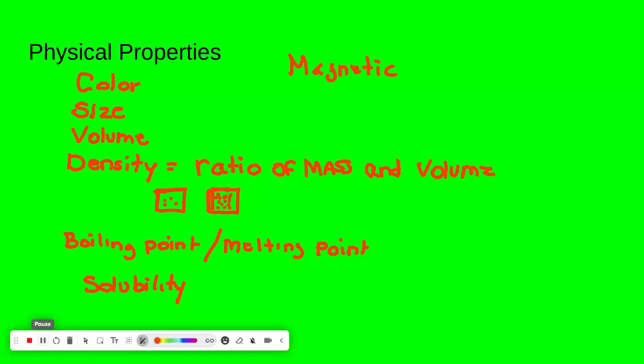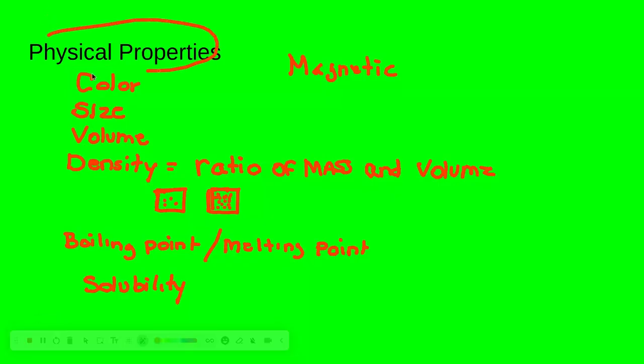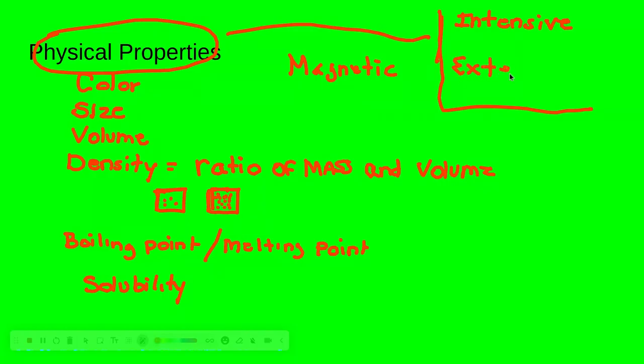Now there's two types of physical properties. Right? So let's put the types over here. We'll make a box over here. Two types. Intensive, that's a type. Intensive and extensive. Extensive. Those are the two types of physical properties.